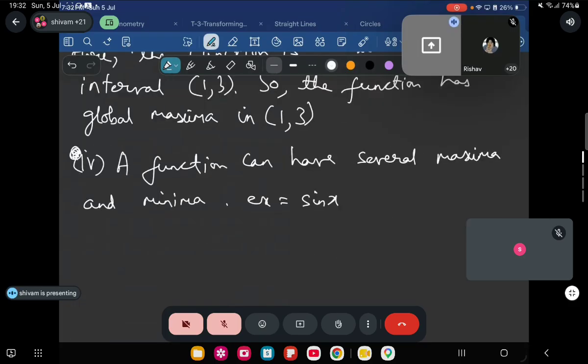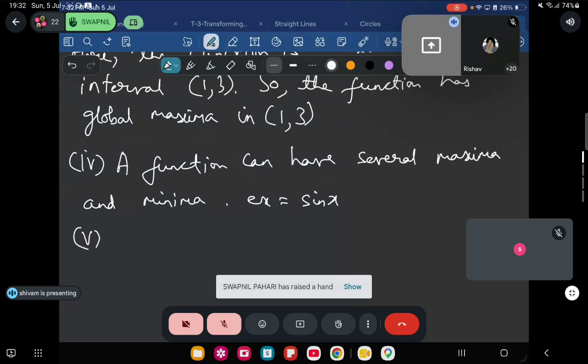Next, number 5. Can a local maxima of a function be less than the local minima of that function? Tell me, raise your hand. Yes or no? What do you think? Again, listen to it very carefully.